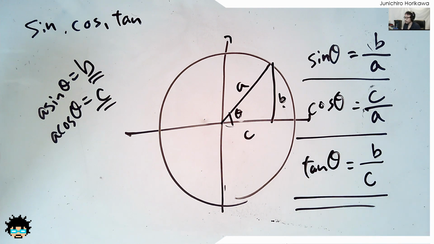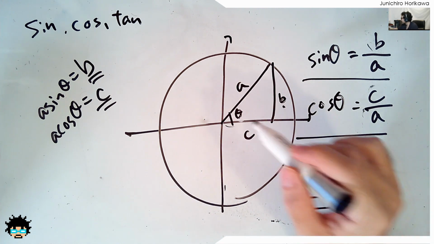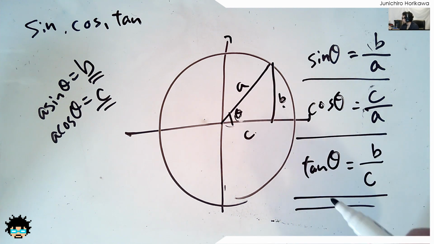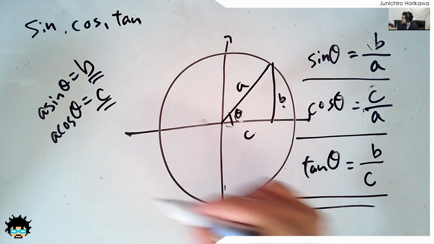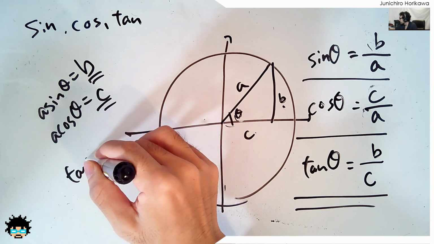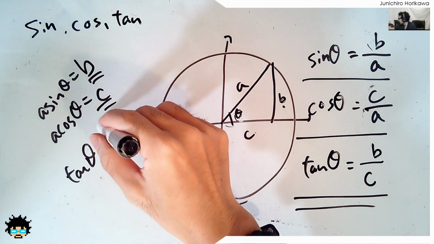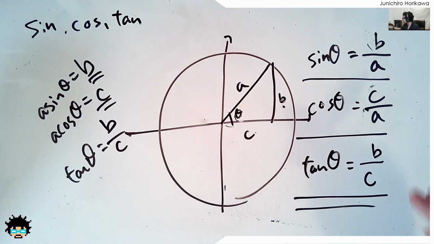Now let's say you want to get the theta value by having c and b. In that case, you can use tangent theta to estimate what the angle is by calculating the function for tangent theta.